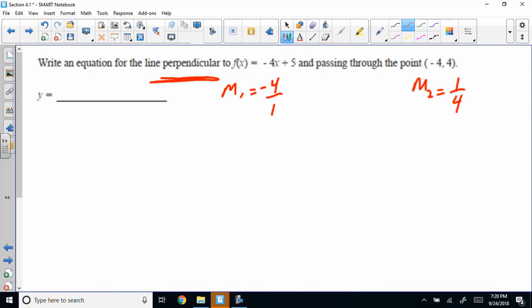Any questions? All right, now I'm right back in the same thing. Y minus y1 equals m times x minus x1.